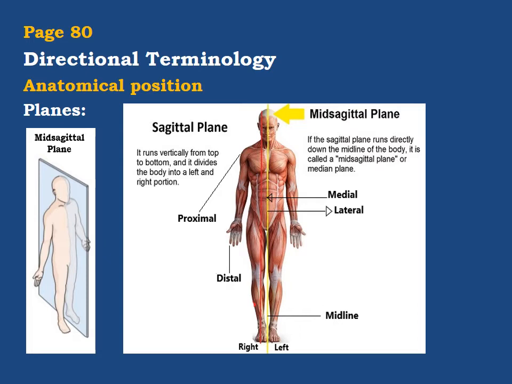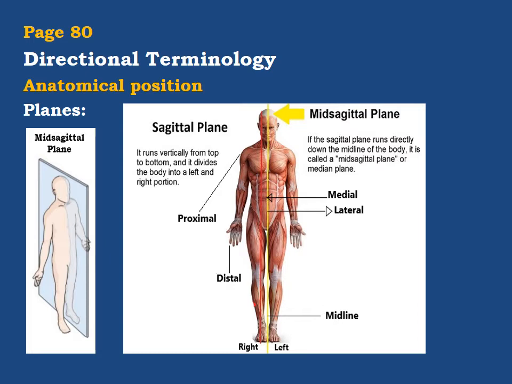So the mid-sagittal plane means that it cuts the person into two identical parts. Look at the definition below that. It says, if the sagittal plane runs directly down the midline, which means cutting the person into two similar parts, it is called a mid-sagittal plane or median plane.